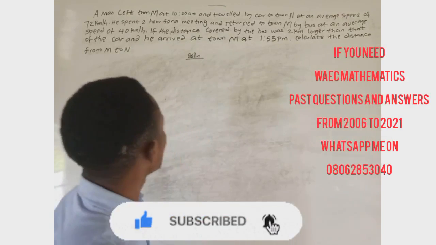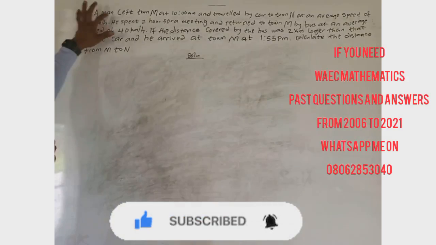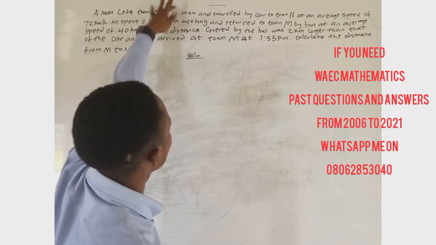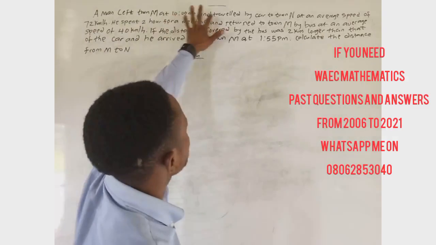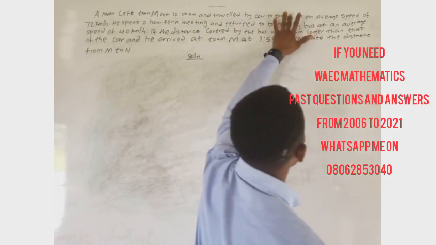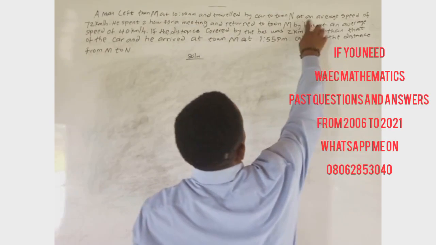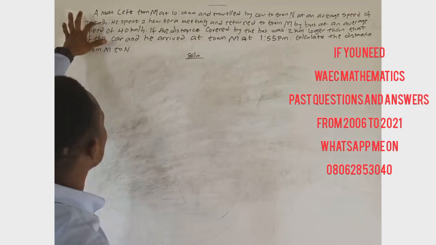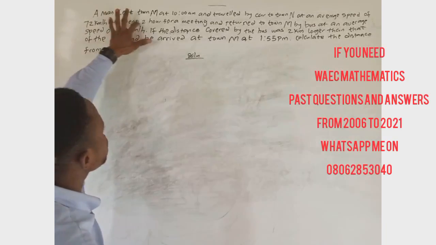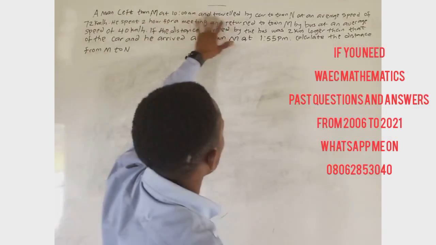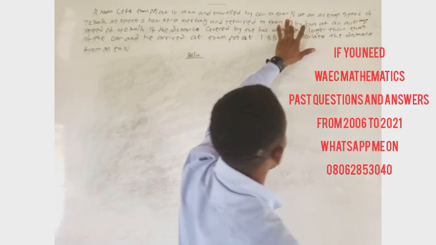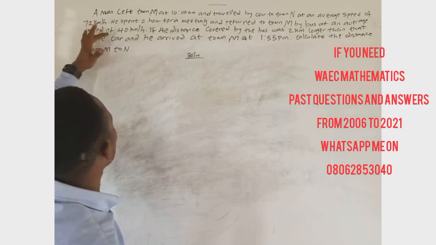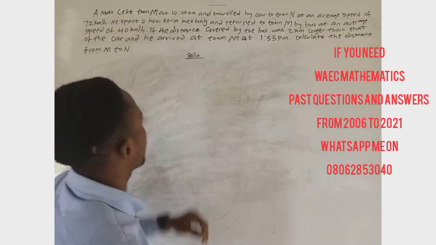Here is the question of the day. A man left town M at 10 a.m. and traveled by car to town N at an average speed of 72 km per hour. He spent 2 hours for a meeting and returned to town M by bus at an average speed of 40 km per hour.